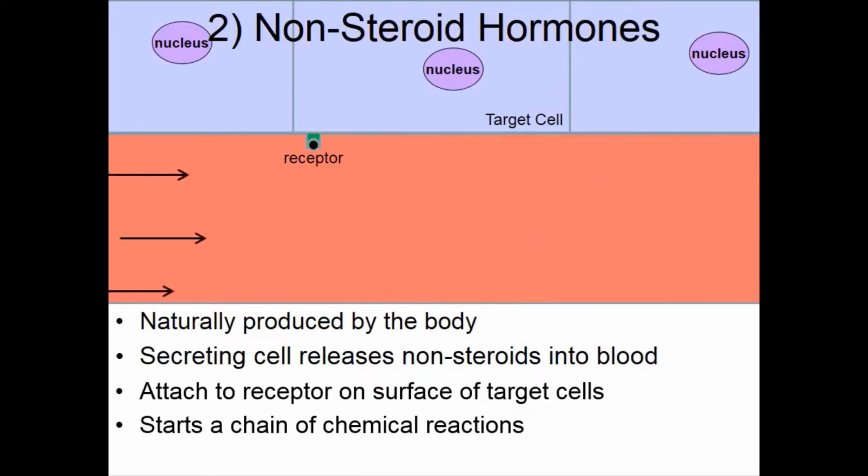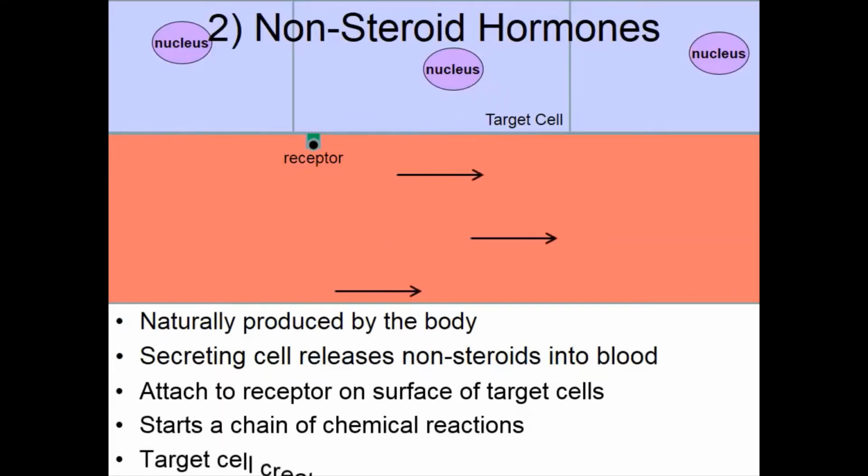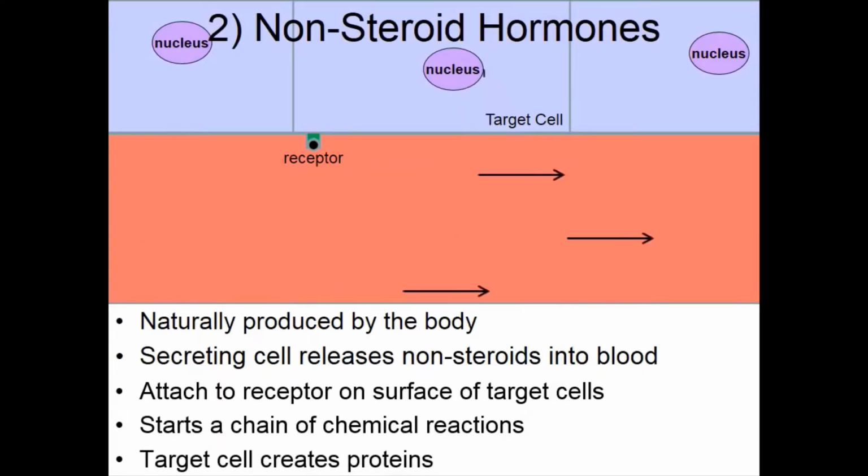For instance, chemical reaction A will be triggered, which leads to chemical reaction B, which leads to chemical reaction C, and the products eventually make their way into the nucleus, and the products will activate genes in the nucleus, which will cause the target cell to create a bunch of proteins. So the end result is kind of the same in that non-steroid hormones as well as steroid hormones trigger the target cells into making proteins.